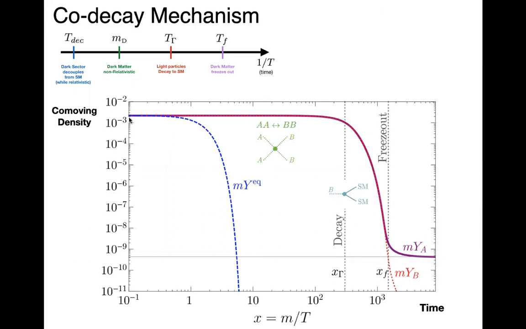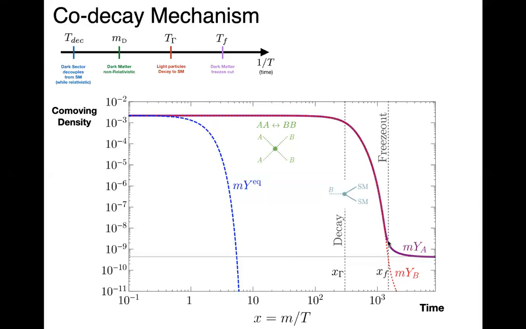So usually, right, everything's in equilibrium, and then it would decay exponentially through the Boltzmann suppression. But because of this equilibrium in the dark sector, this thing actually maintains its distribution until the time B decays, which happens at this point here for this particular choice.